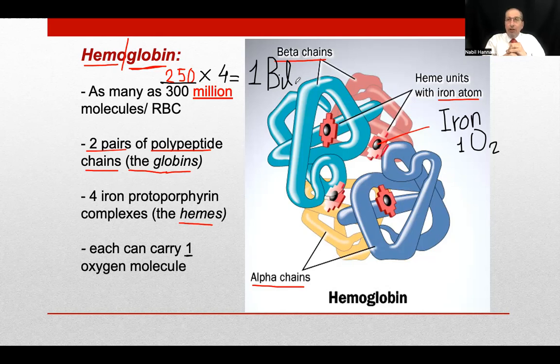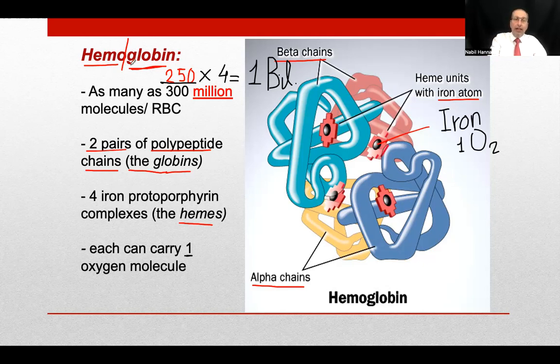Now, if you have abnormal hemoglobin, we call this condition hemoglobinopathy. What's hemoglobinopathy? It's a pathology of your hemoglobin. Where can the pathology be?